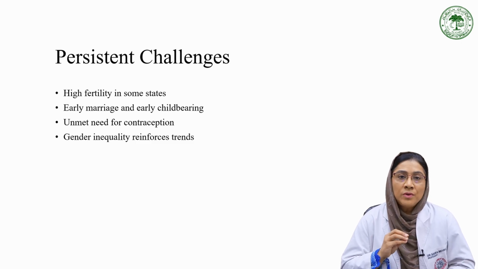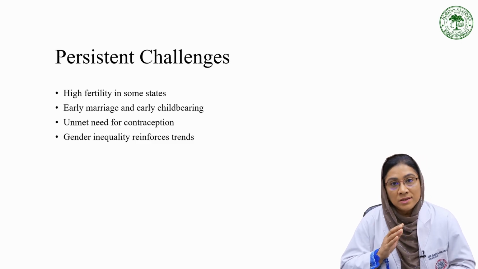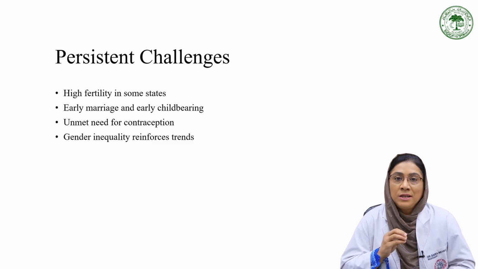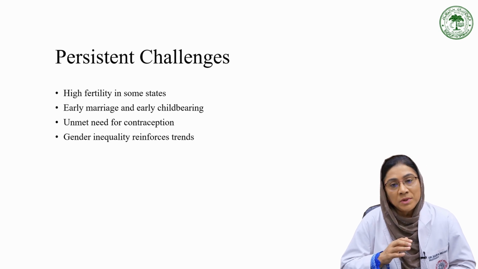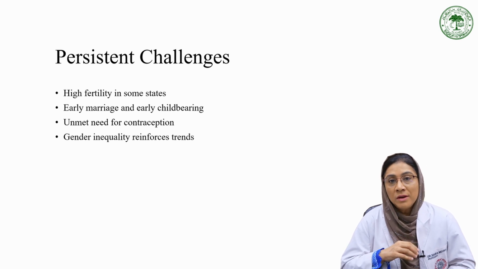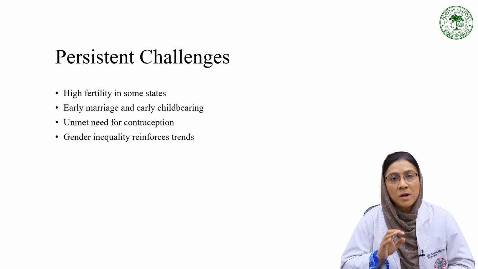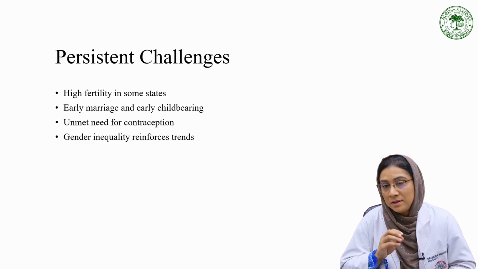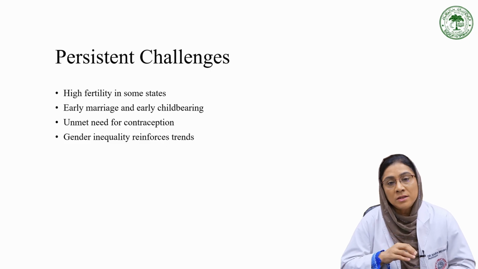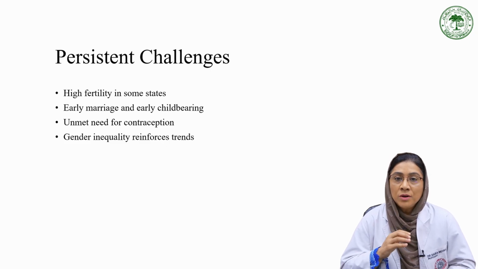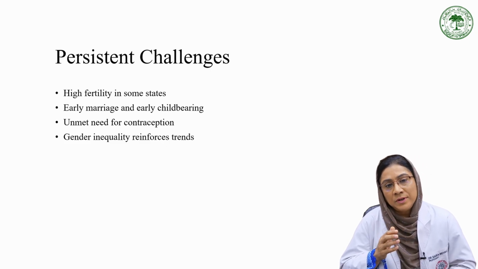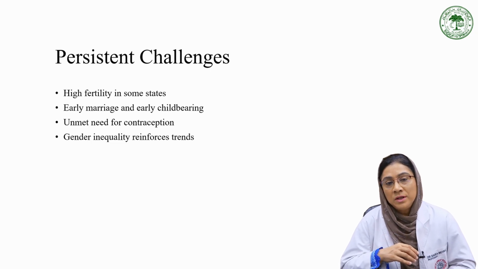Despite this overall progress, challenges remain. States like Bihar, Uttar Pradesh, and Madhya Pradesh continue to have high fertility rates due to entrenched cultural norms, poverty, and low female literacy. Early marriage and early childbearing contribute to sustained high fertility, limiting women's education and employment opportunities.